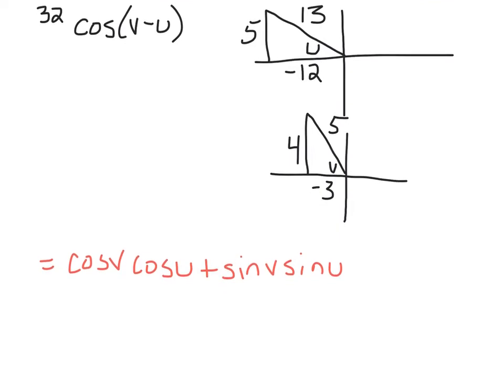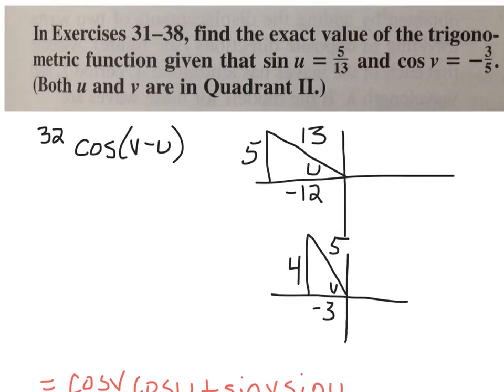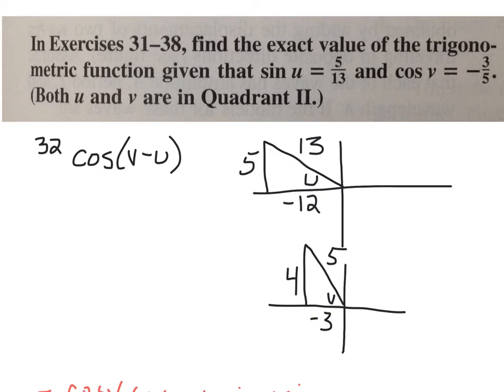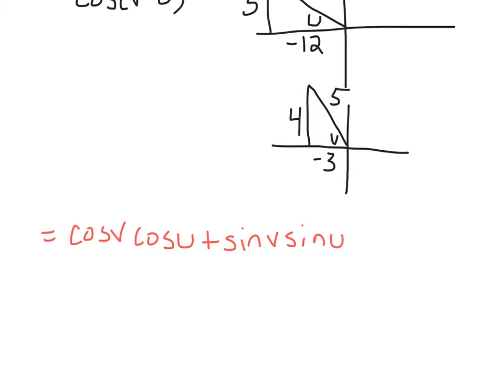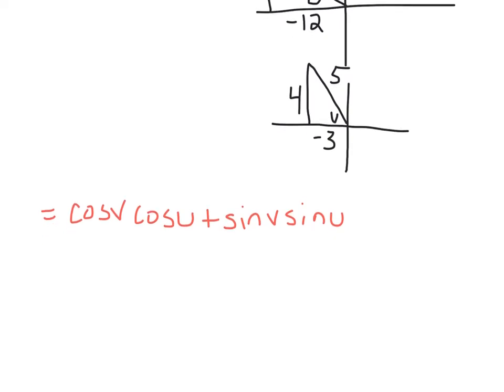So I don't have enough room to show everything at once, but what we have here is V, the cosine of V, being negative 3 over 5. So really what we're doing is cosine of V is negative 3 over 5.